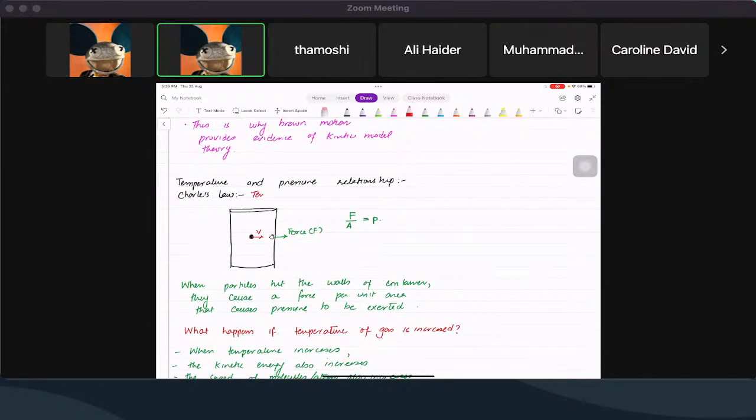Temperature, please add it so you don't forget. Temperature and pressure are directly proportional provided the volume stays constant.